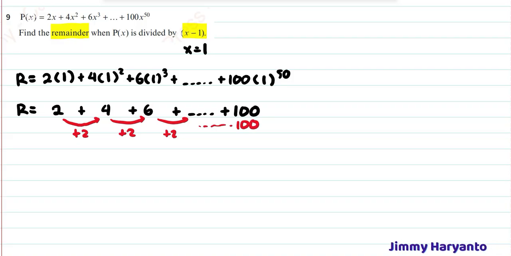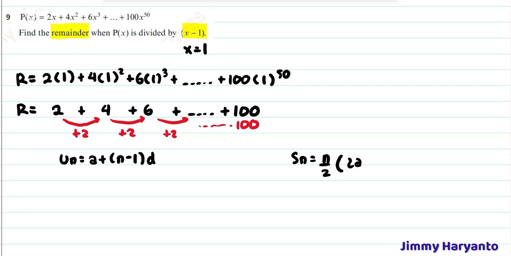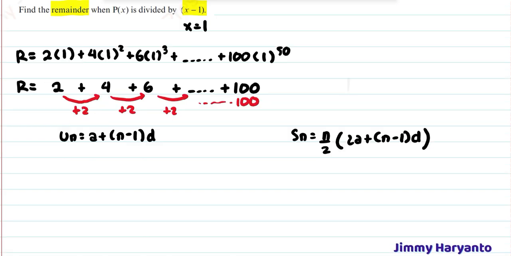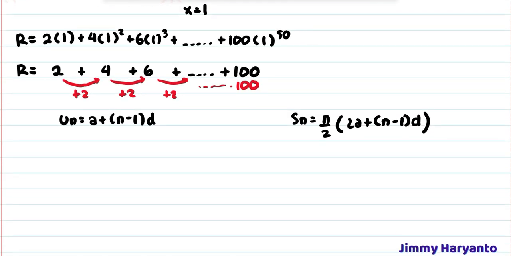But before that, let's write down the formulas. Un equals a plus n minus 1 times the difference, and Sn equals n over 2 times 2a plus n minus 1 times the difference. Okay, so first I want to find the n for the 100.